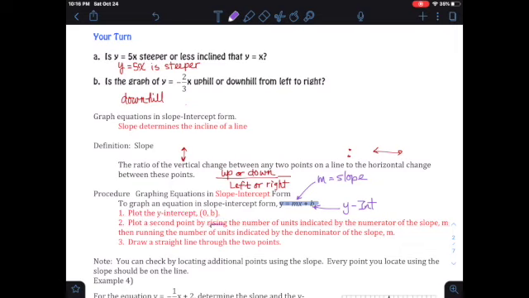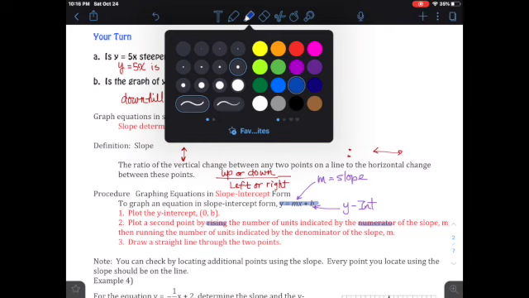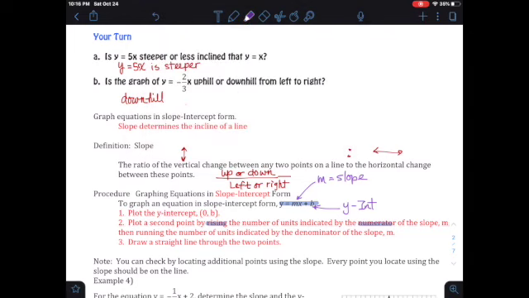Rise is indicated by the numerator and run by the denominator. Draw a straight line through the 2 points.